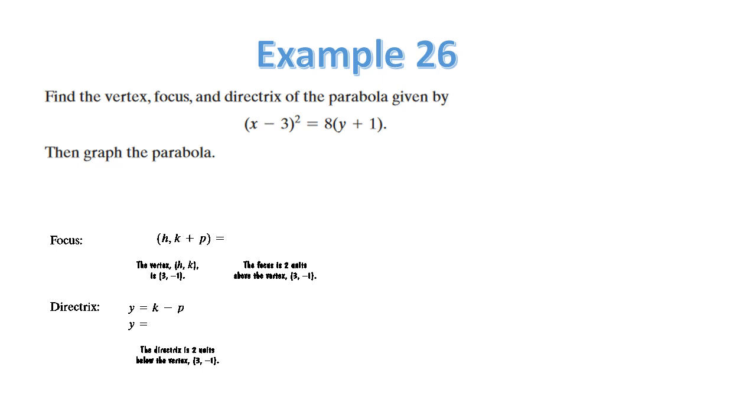So we need to find the vertex, focus, and directrix of the following parabola. So my h is 3. My k is negative 1. Therefore, the vertex is (3, -1). Now, 4p is 8. Therefore, my p is 2.